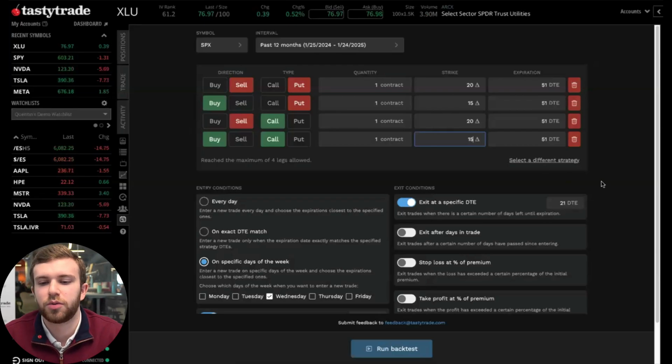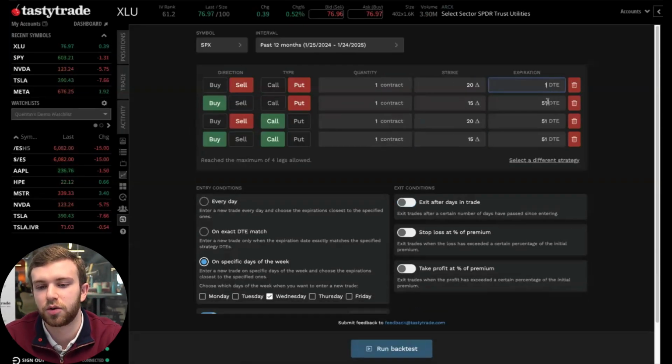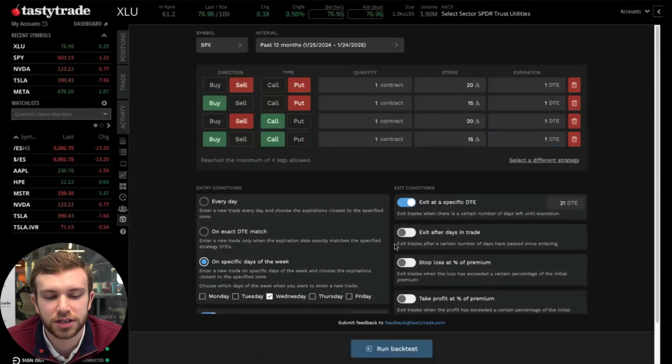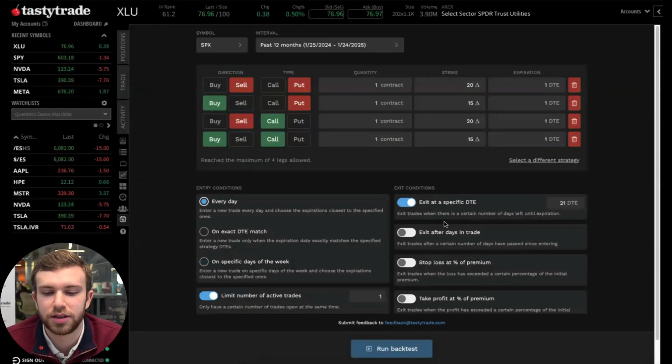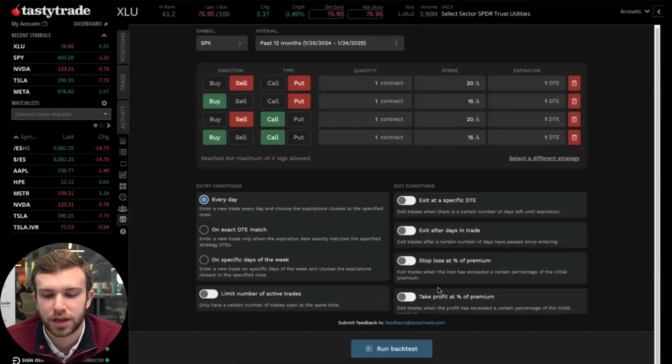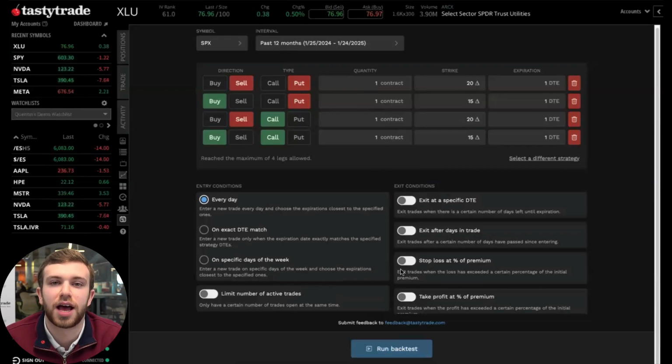But just to show what you can do for 0 DTE, you can change this to 1 day till expiration. And then that would sort of simulate what you would want to do for 0 DTE. Let's say you wanted to do one of these every day. And then we would be able to run that back test in SPX for the last 12 months.